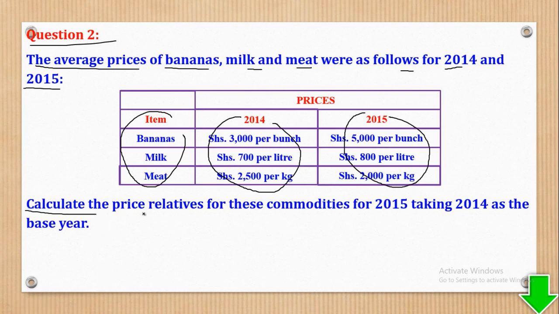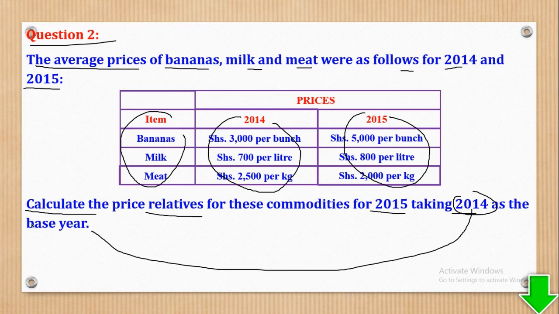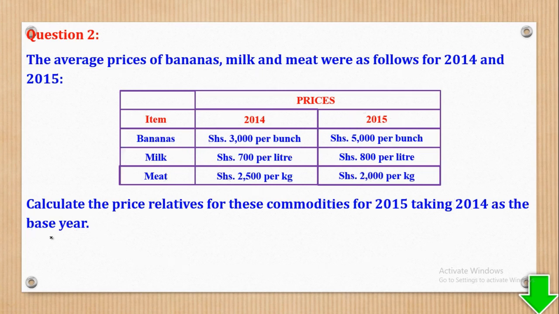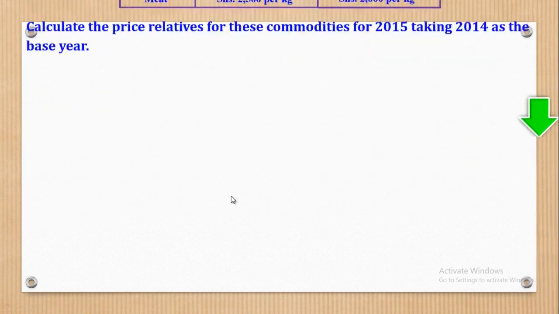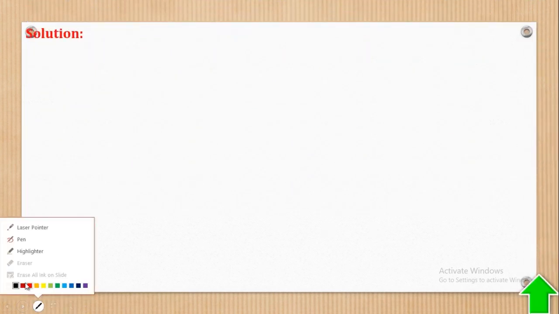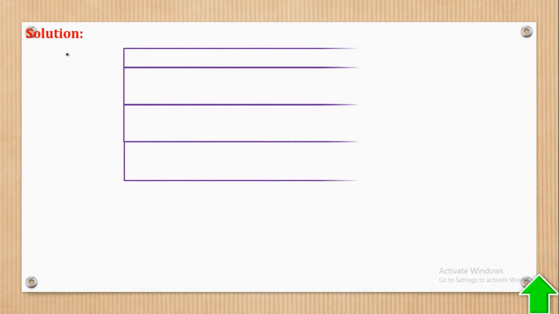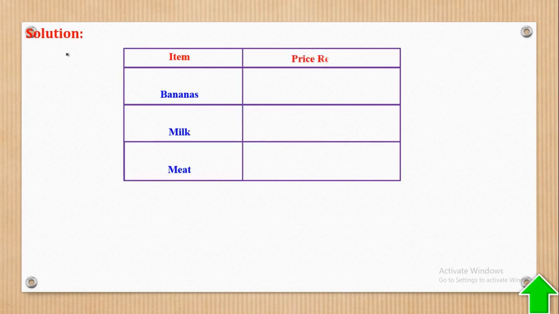Then they said calculate the price relatives for these commodities for 2015, taking 2014 as the base year. So even here they have specified for you what will be the base year. So you tabulate, you shall put here the items given, then you can calculate the price relative.